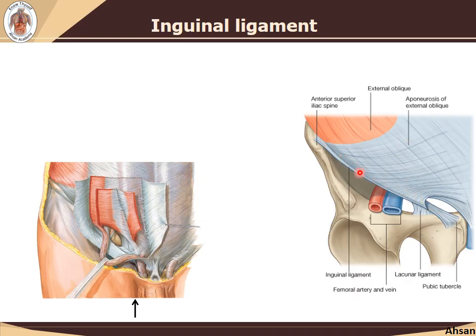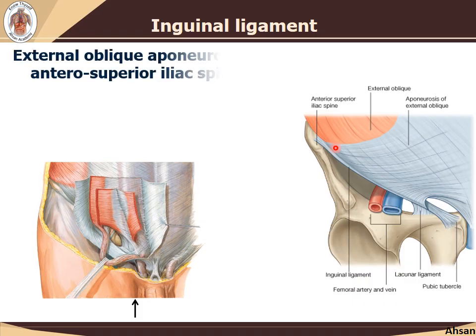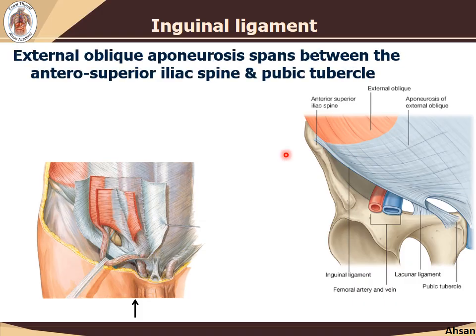So this groove gives area for the attachment of other muscles, and this free part forms the floor of a canal. That's why this area is very important, and this is known as the inguinal ligament. So the inguinal ligament is an aponeurosis that's thickened and enrolled and extends between the anterior superior iliac spine and the pubic tubercle.